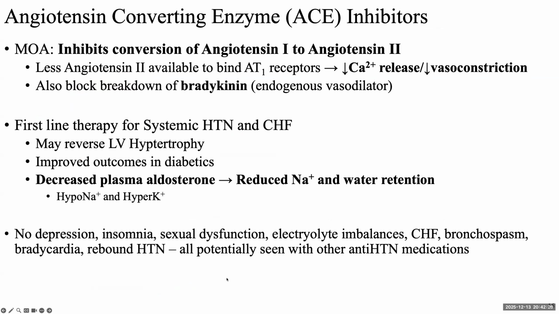So now that we've talked about the RAAS, we can talk about blocking certain parts of that pathway. We'll start with our ACE inhibitors. The mechanism is that they inhibit the conversion of angiotensin 1 to angiotensin 2 by inhibiting the angiotensin converting enzyme.